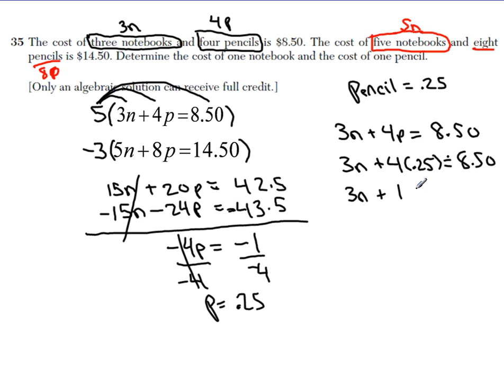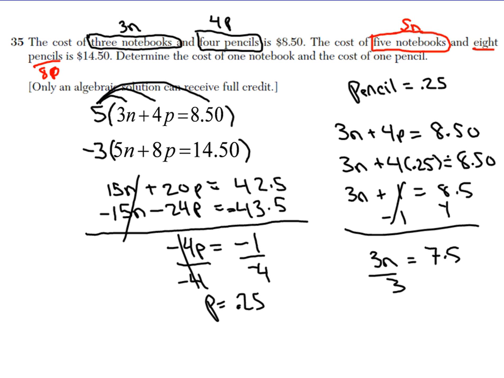That's just 1, equals 8.5. We're going to subtract 1 on both sides. That's going to cancel out. We get 3n equals 7.5. Divide both sides by 3. And we get n equals 7.5 divided by 3 is 2.5.